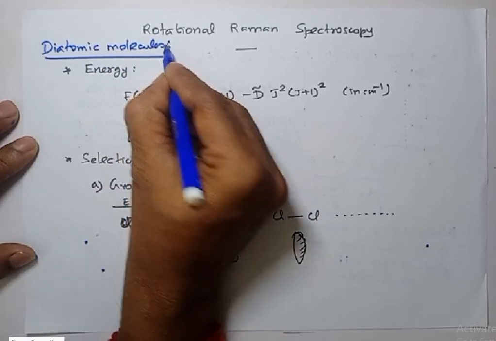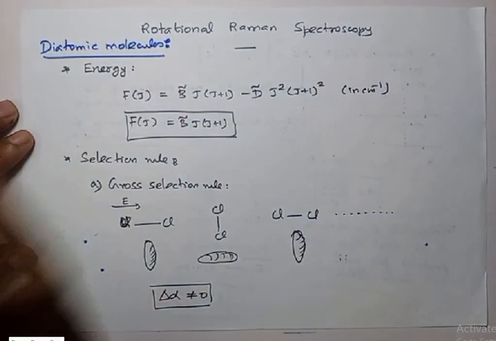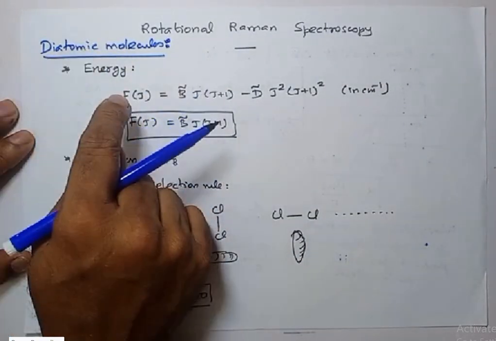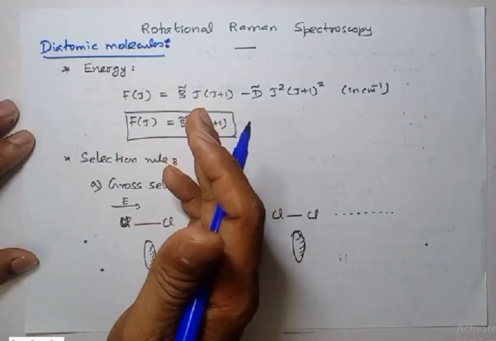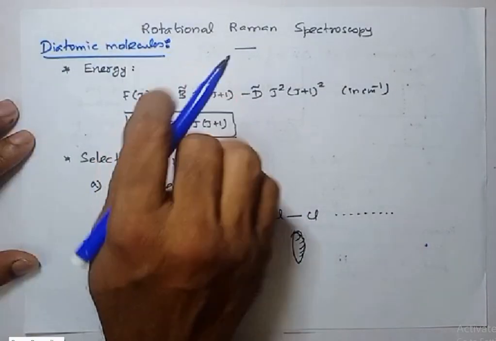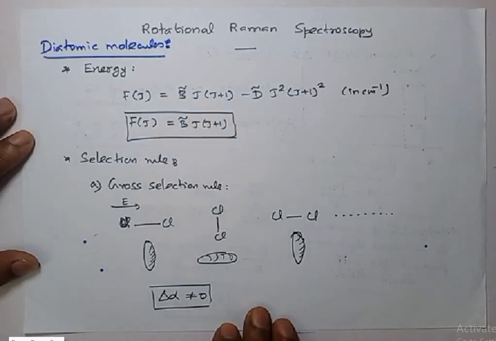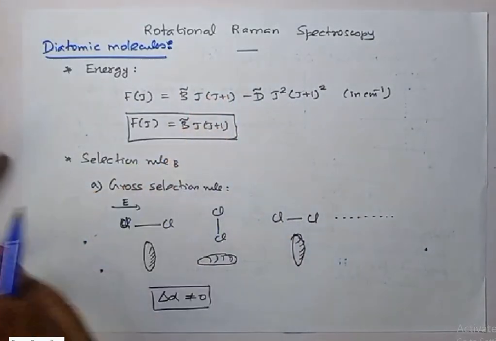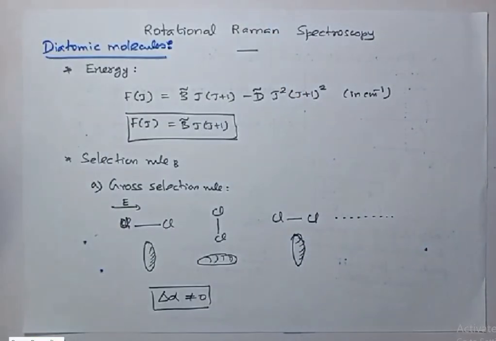Diatomic molecule. Remember, both homo and hetero diatomic molecules are active in Raman. Both homodiatomic and heterodiatomic molecules show rotational Raman spectrum. Very, very important.